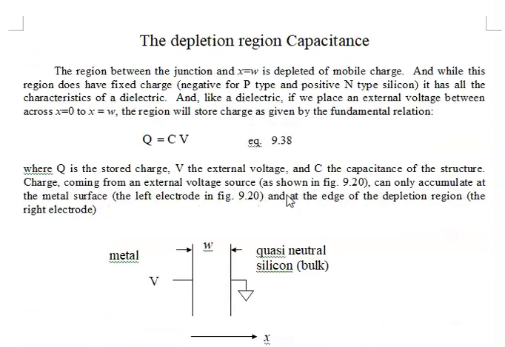Okay, so we'll start with the depletion region capacitance, which we looked at in our last session. Charge is equal to capacitance times voltage. It's a linear relationship if C is constant only depending on the structure. Well, that's not the case for depletion capacitance, because the distance between the quote-unquote electrodes, the metal and the quasi-neutral region, depends on the applied bias.